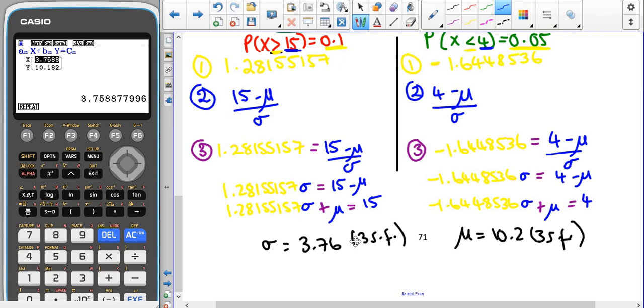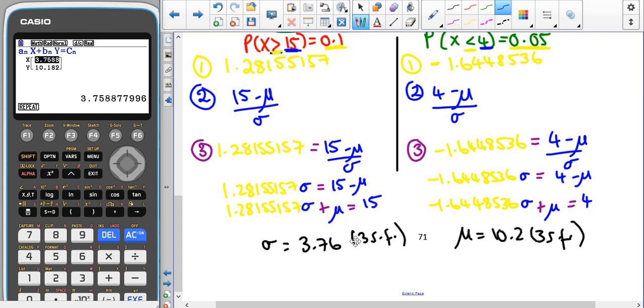None of our probabilities or the standard deviation are massive, which means that yes, 10.2 seems like it's a reasonable solution. If I ended up with 102 as my answer, then I would probably think I've done something wrong, because 102 is vastly different from 15 and 4, and I don't have a gigantic standard deviation.